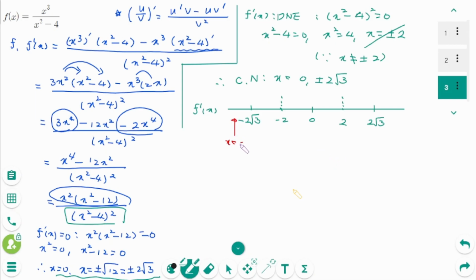When the testing number is minus 4, the denominator is always positive, x squared is always positive. So we can use only x squared minus 12. Then x squared minus 12 equals 16 minus 12 is 4, which is positive.